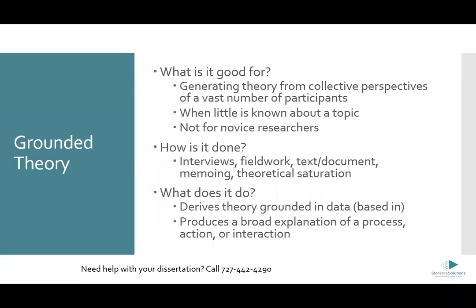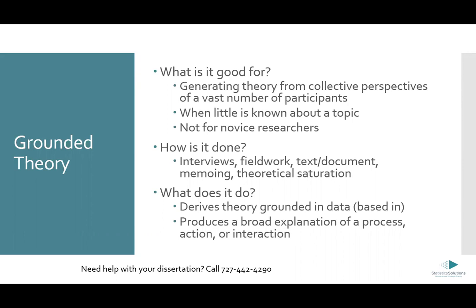This should only be used when there is not a lot of research or not a lot of literature on a particular topic. So maybe there is a process that has been understudied. For example, the theory of the process to commit a crime. That's something that's very well studied.